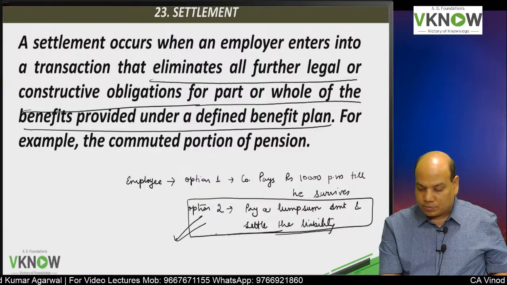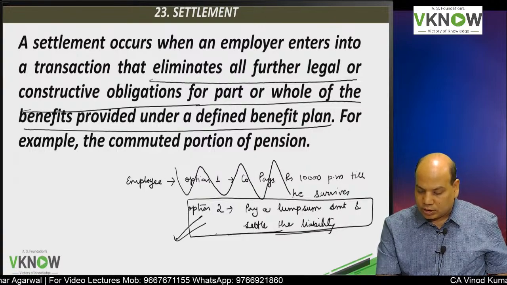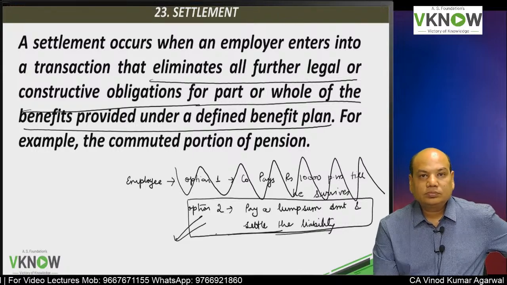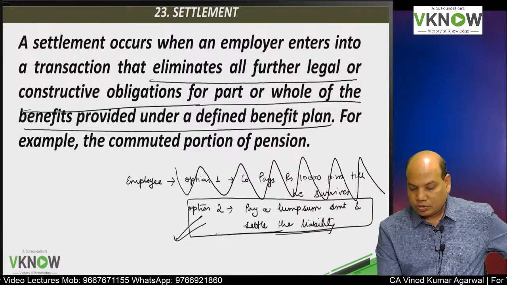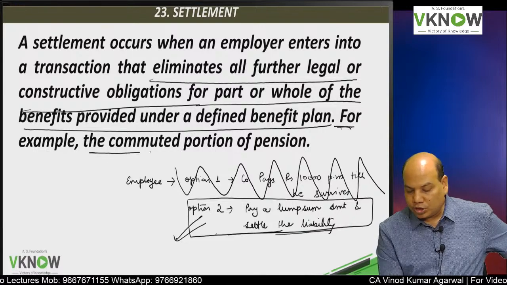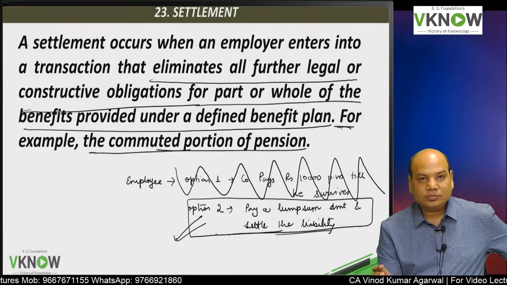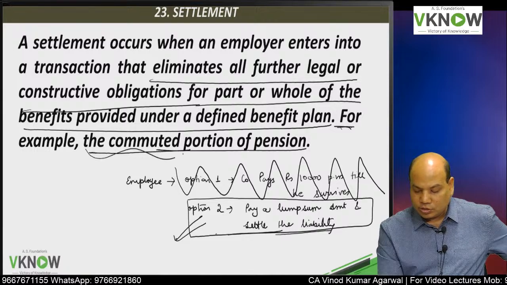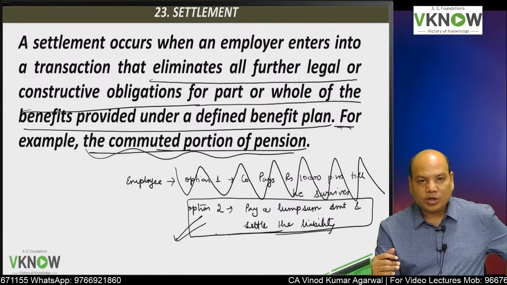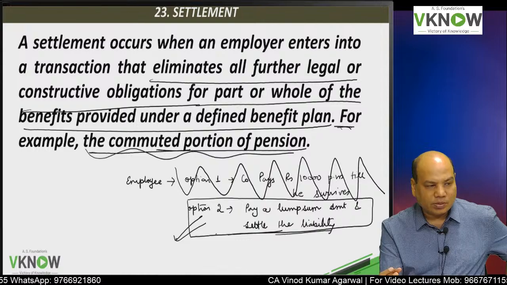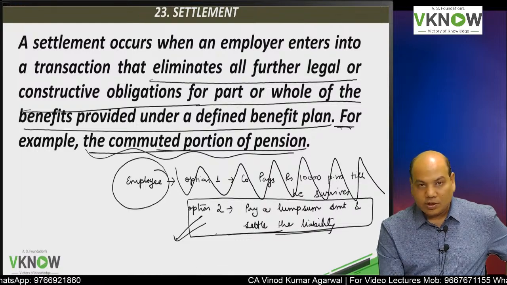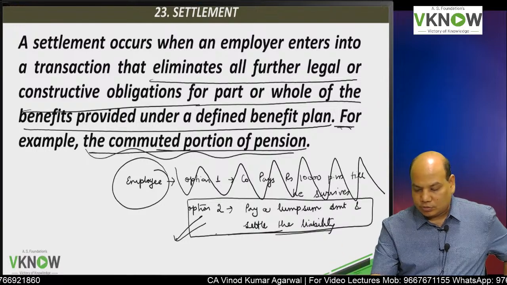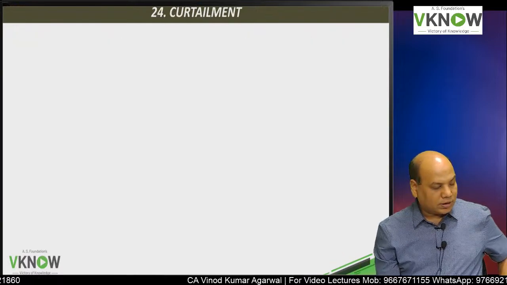A lump sum amount is paid, and now the employer is no longer required to pay him per month pension. So this is called commutation of pension. The employee is benefited, he gets a lump sum amount. The employer is benefited, now he does not have to pay every month a certain amount. So that is called settlement.